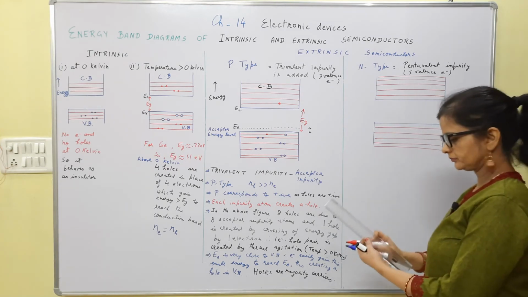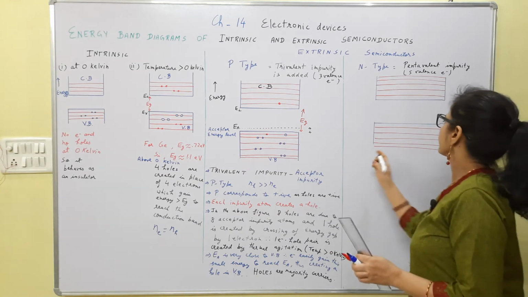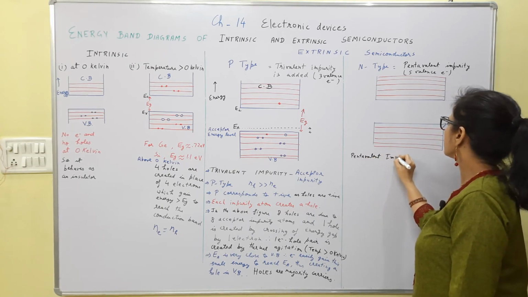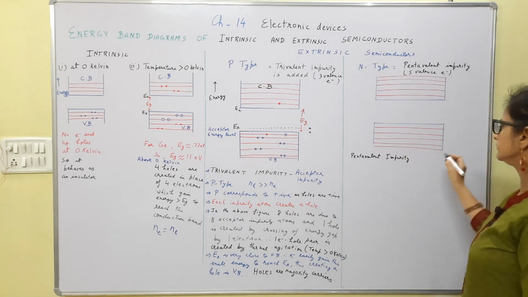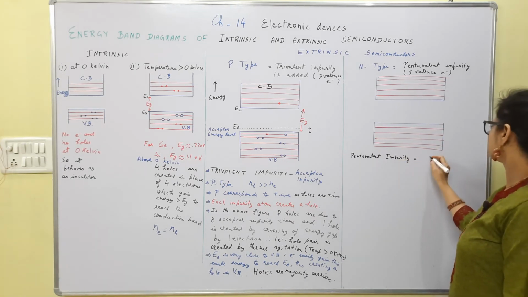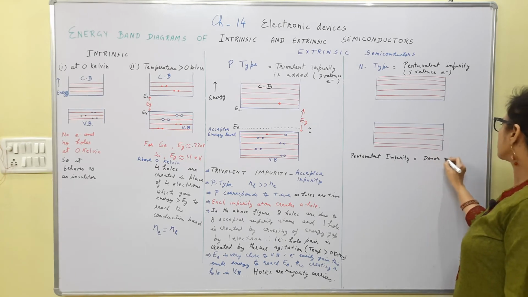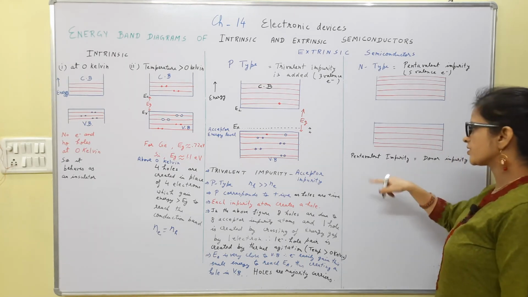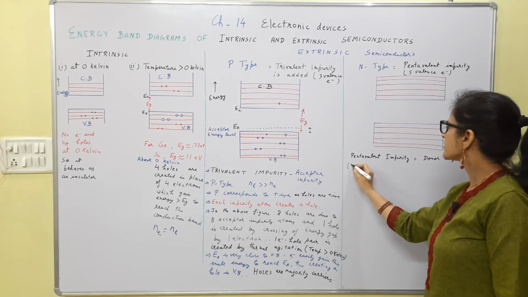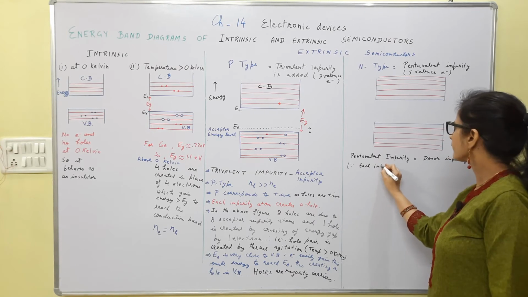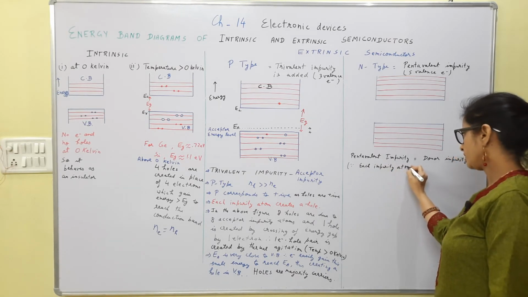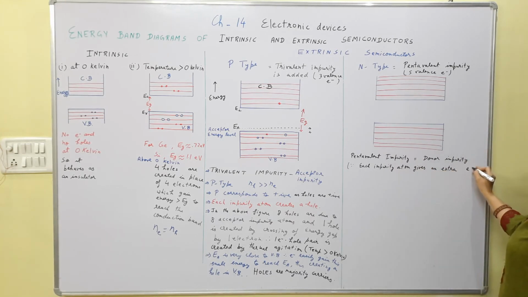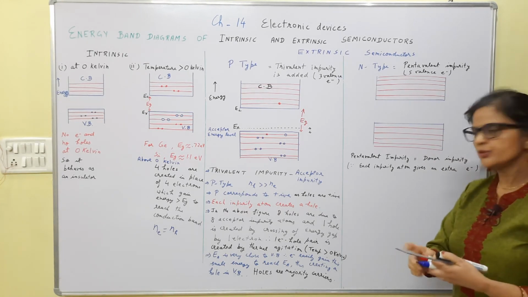So we can write, just a reminder though we have studied this, this is also called as donor impurity, as it gives an extra electron, since each impurity atom gives an extra electron, right? So that's why this is called as donor impurity.